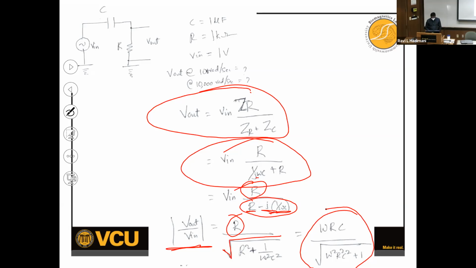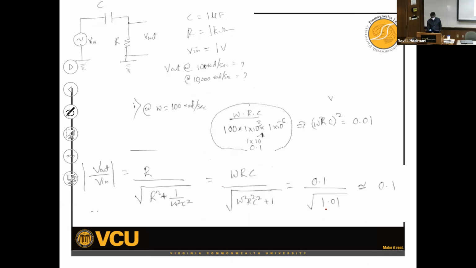If you substitute the values here, 1 microfarad and 1 kilo ohm, in the first case we are taking omega equals 100 radians per second. So at 100 radians per second, for C equals 1 microfarad and R equals 1 kilo ohm, omega RC is 0.1, okay?